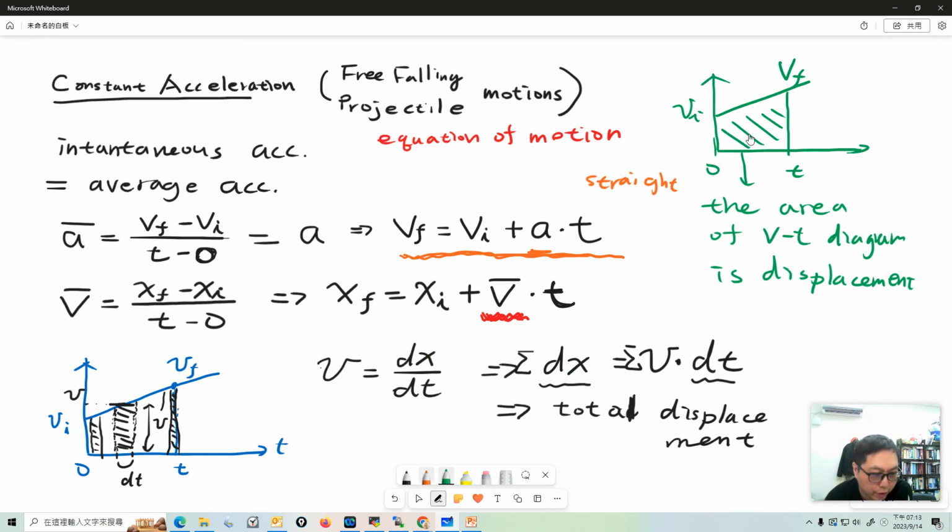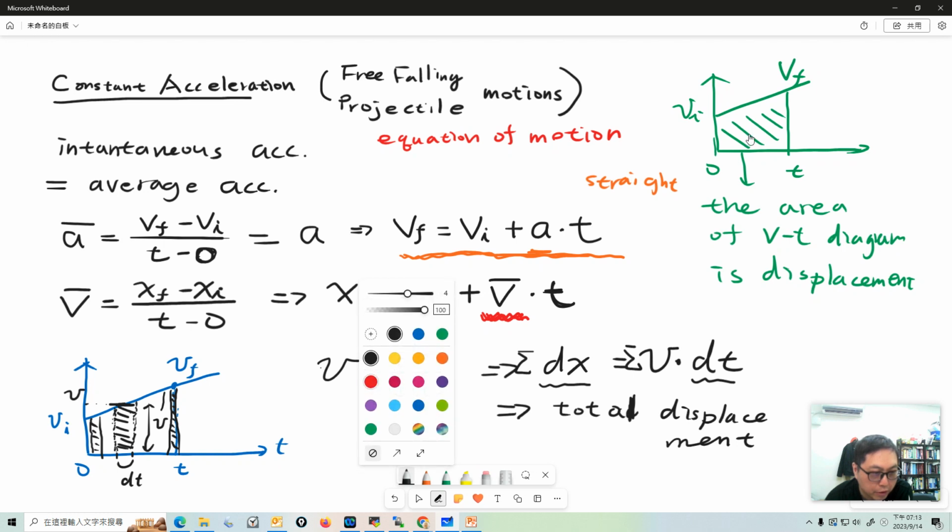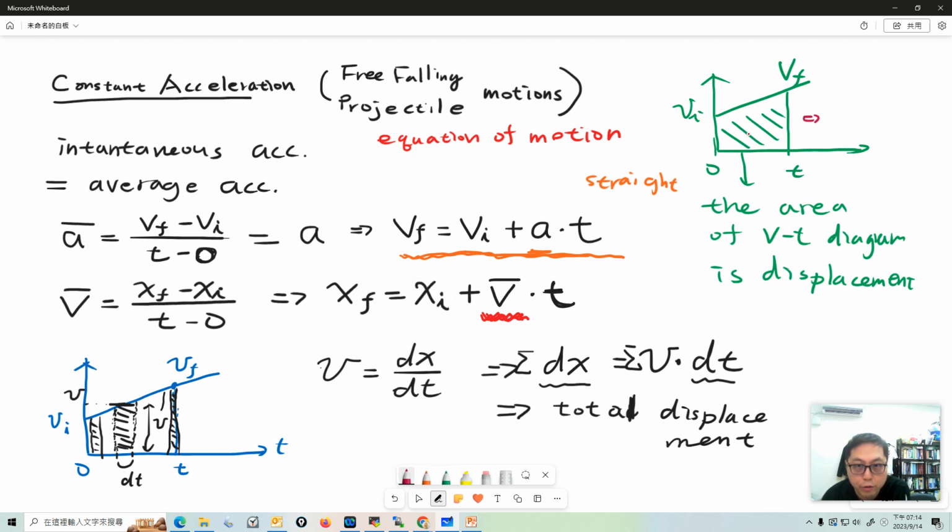So let's calculate the area under this. The area is (VI plus VF) times T over 2. So the displacement is (VI plus VF) times T divided by 2. This is the area.